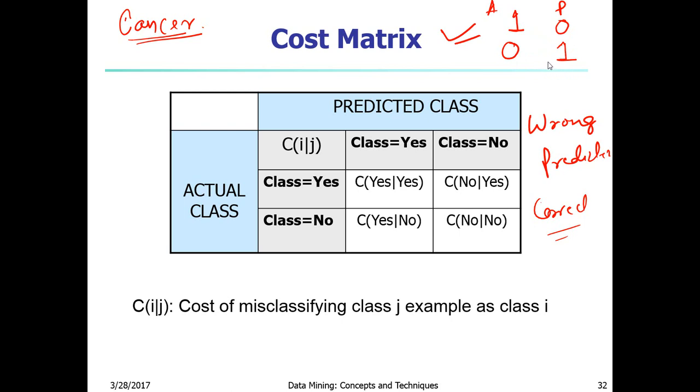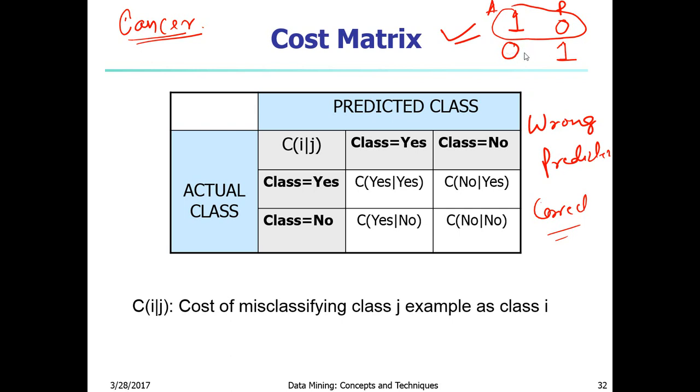So which one is more costly? Well, the first one is more costly, because if somebody is having cancer and is predicted to be not having cancer, then that will be a problem, because the patient without medication, somebody who is having cancer and not given medication, will die. Okay, so that is a very costly affair.